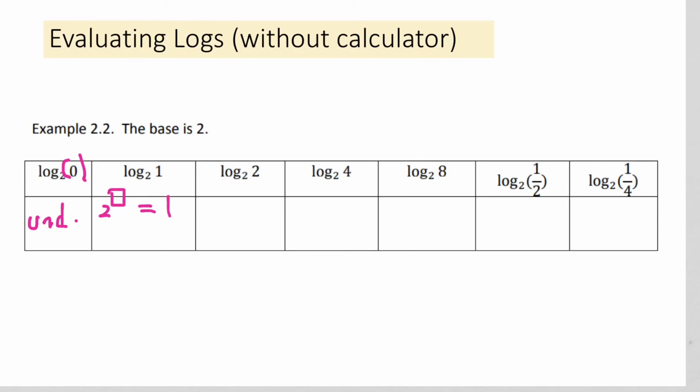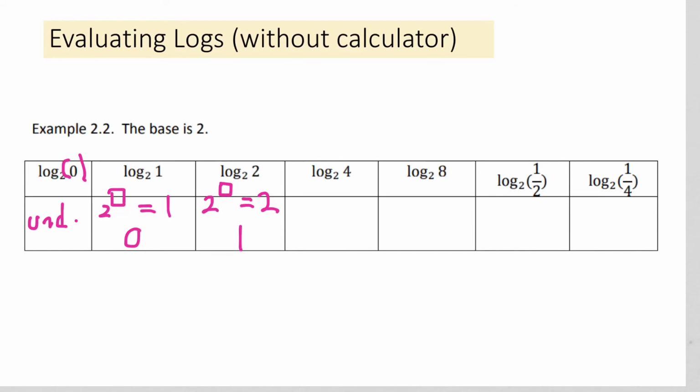So whatever goes in that square is my log to the base 2 of 1. So that would have to be 0. 2 to the 0 is 1. Now for this one, when the base is 2, what power do I have to raise 2 by to get 2? Well, 2 to the 1 is 2, so my log is 1.